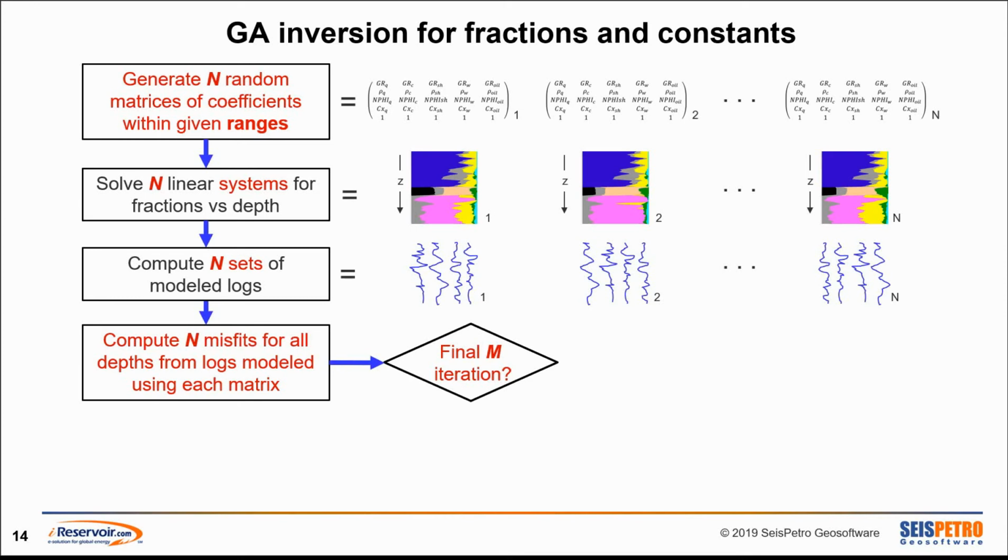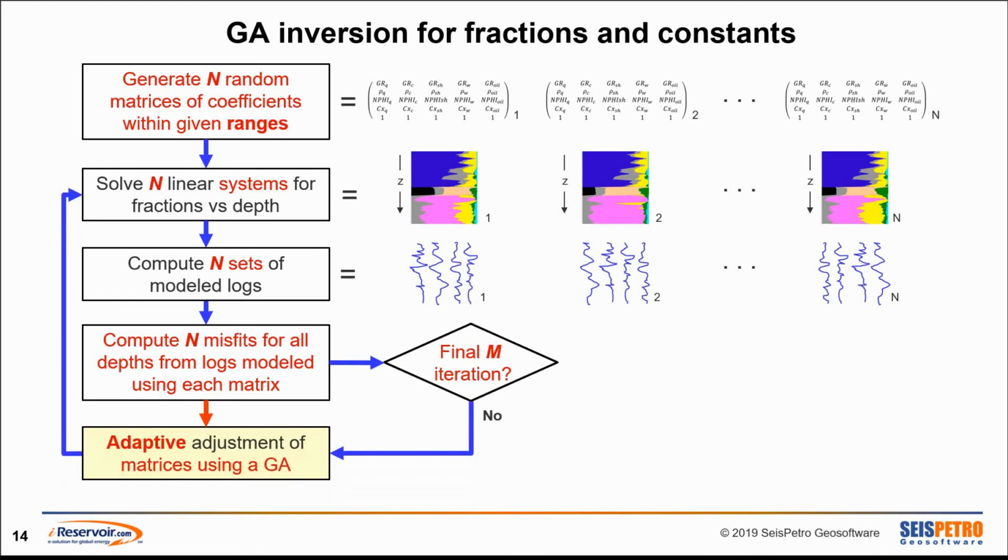If the final iteration hasn't been reached, the next step is the modification of the matrices that were created at the beginning, this time using the rules of the genetic algorithm that were explained before, like mutation, ranking, and crossover. These new matrices are taken again to the beginning of the process, and we start all over by solving n linear systems of equations with these new matrices, computation of n sets of model logs, and computation of misfits.